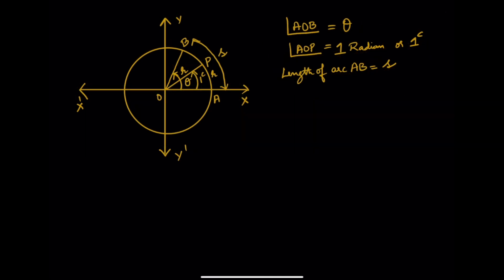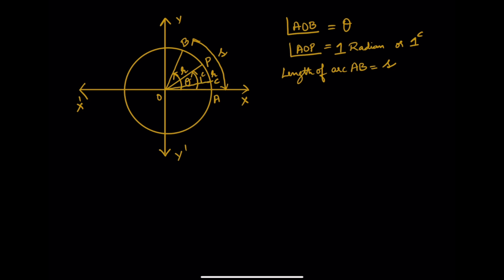Now let us try to understand the relationship between the length of the arc and the angle formed at the center of the circle. Suppose the arc was cut at point C, the angle formed here between line OC and OA will be small.